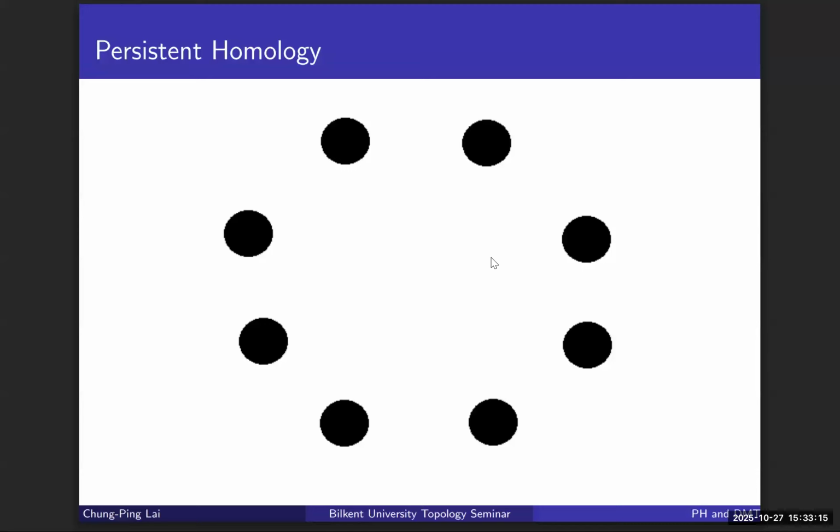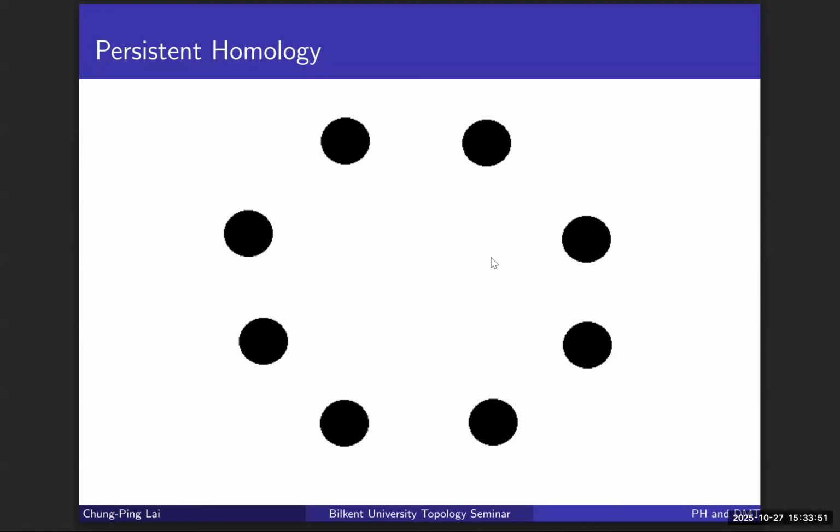At a very basic level, we can see 8 points on the slide. Intuitively, a lot of you will probably agree with me when I say these 8 points form a circle.